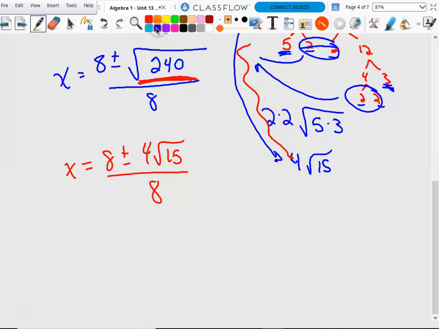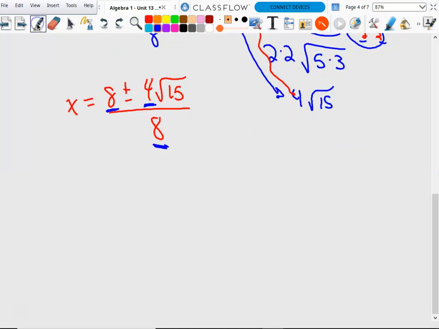Reducing is looking at, is there something that will go into all three of those outside numbers? And in this case, 4 will. 4 goes into 8 twice, plus or minus. 4 goes into 4 once. Root 15 just chilling. 4 goes into 8 twice.